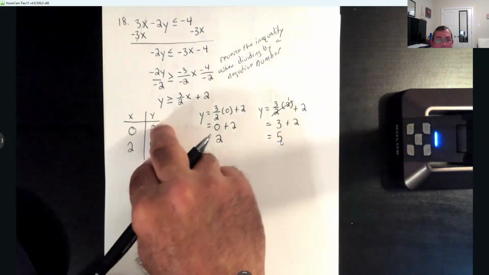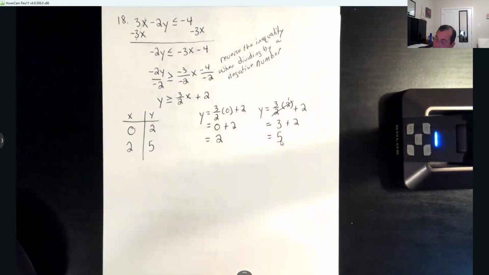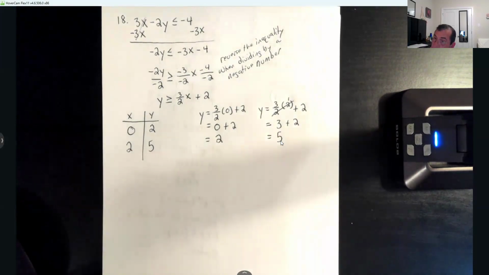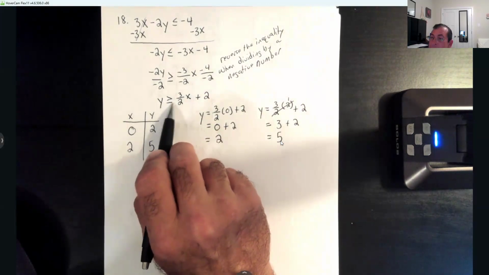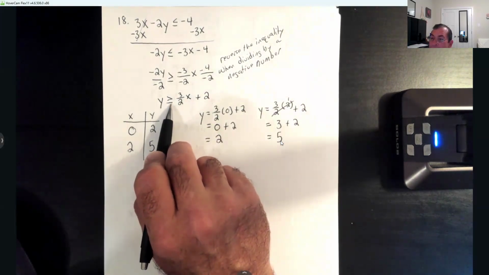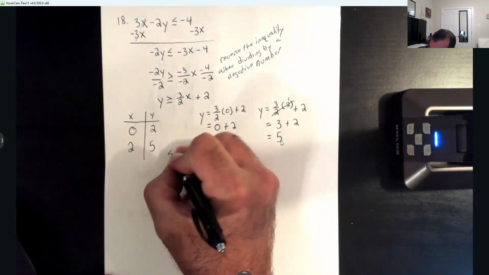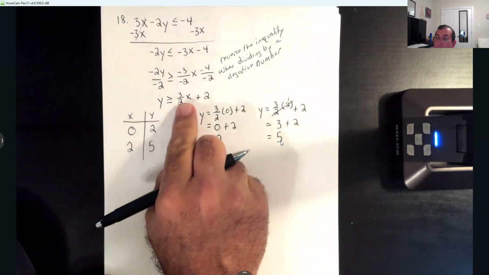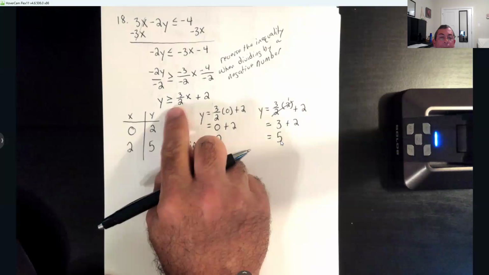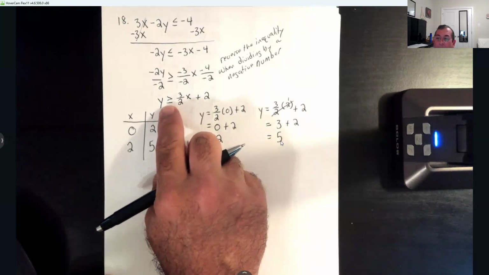All right, so I got my 2 points. I'm now able to go in MathLab and graph this. But y'all remember, since I got equals, I want a solid line, because of the equals part of that.